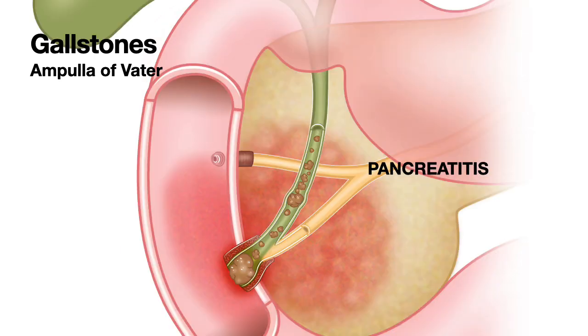So here is a gallstone pancreatitis where the stones are stuck at the ampulla and there is obstruction to the pancreatic juice flow, obstruction to the biliary flow with elevation of pancreatic enzymes in the blood, elevation of the liver enzymes in the blood, and a dilated duct.